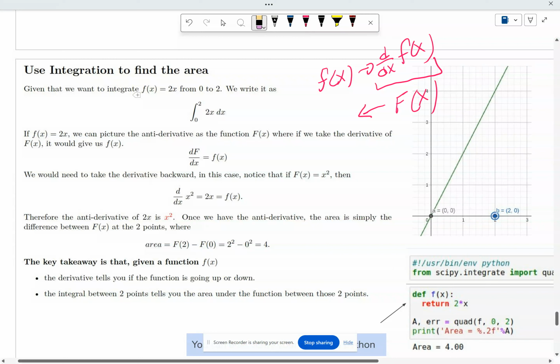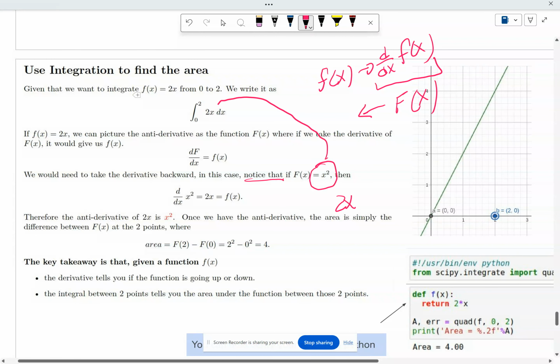If you think about the process backwards, you will notice that if F of x is equal to x squared, take a second. If you use the power rule and take the derivative here, what would it be? Well, it'll be 2x.